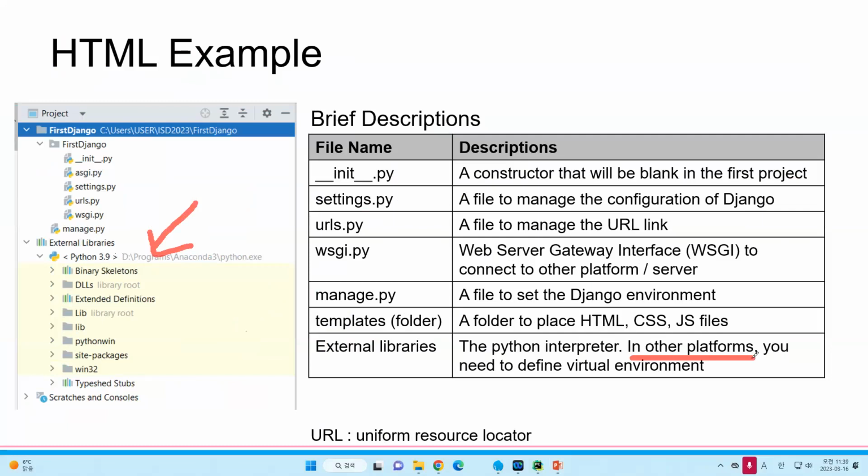If you use another kind of GUI tool like Sublime, you can also create Django. In that case, you need to connect to the external libraries. Here the external libraries have been installed in Anaconda.